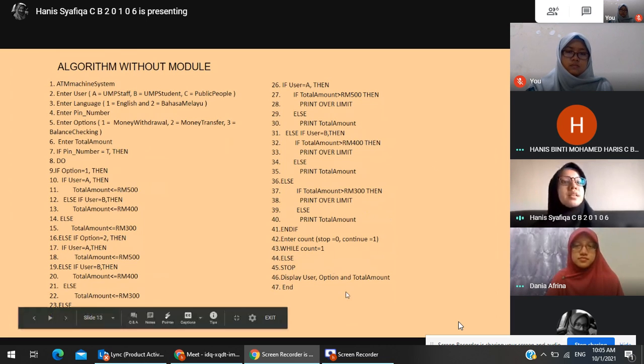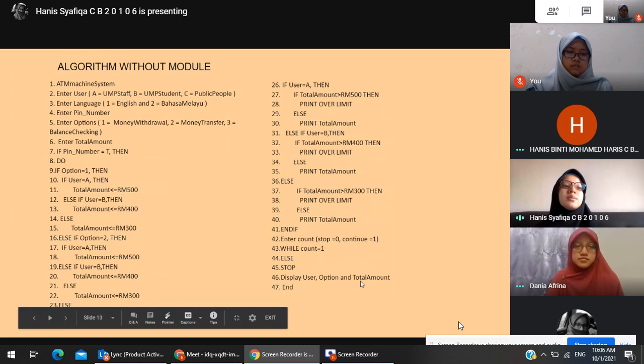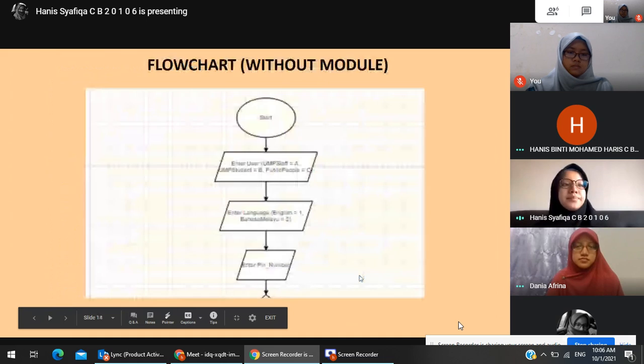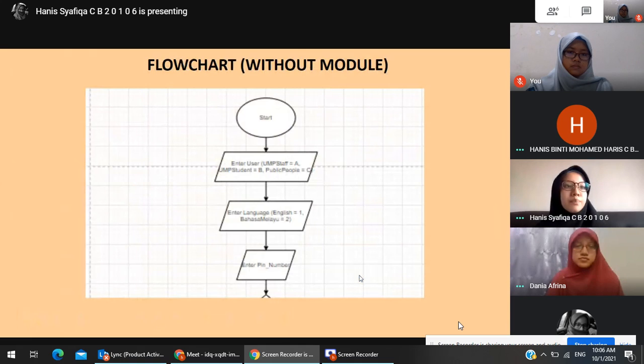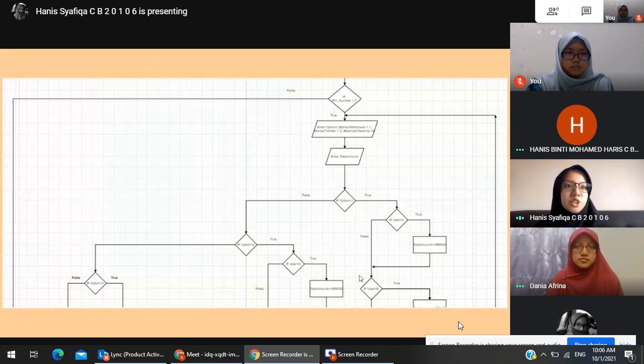Otherwise it will display the total amount that the user put. If the user wants to continue, they press 1, and if not, it will stop and display the user option. Without modules, we start with start and then the input, which is enter user, enter language, enter PIN number. If it is false, it goes straight to the end. But if it is true, amount.